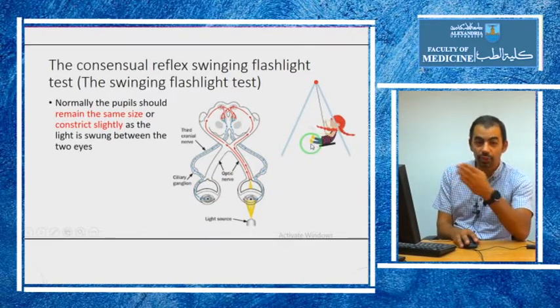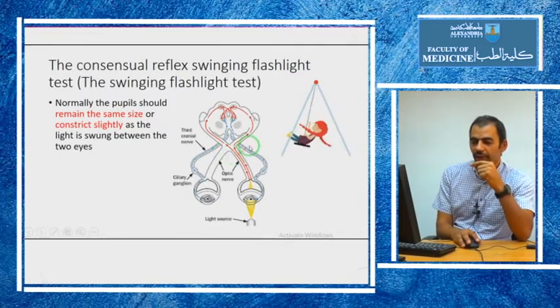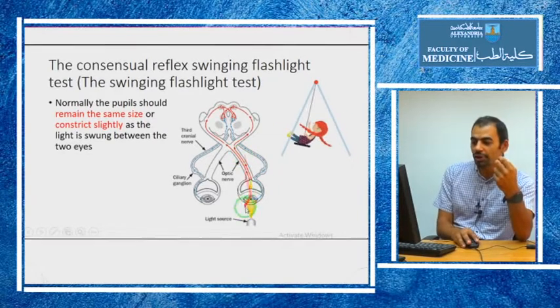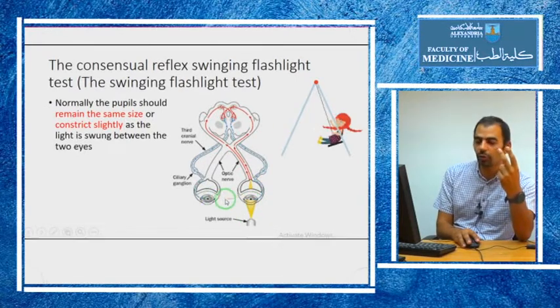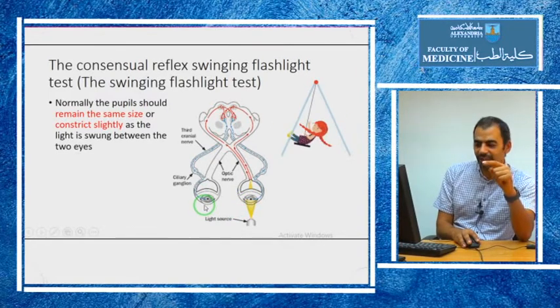This means that we swing the light between both pupils, and we depend on the nature that the pupillary light reflex is bilateral. So when we shine the light on one eye, there will be co-contraction, or co-miosis, of both eyes. And when we swing the light to the other eye, the eye should maintain the constriction.